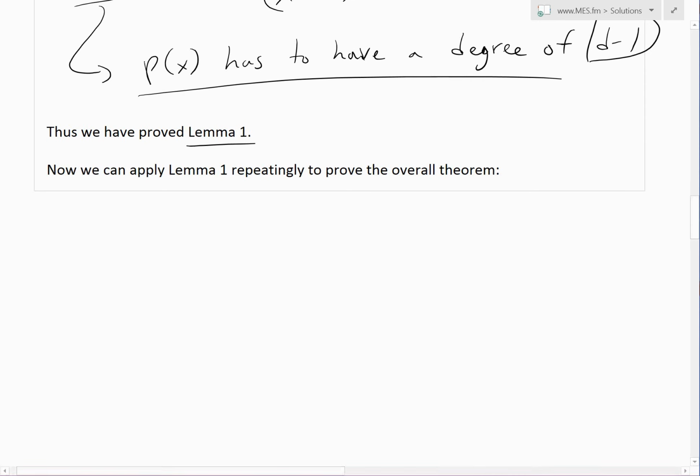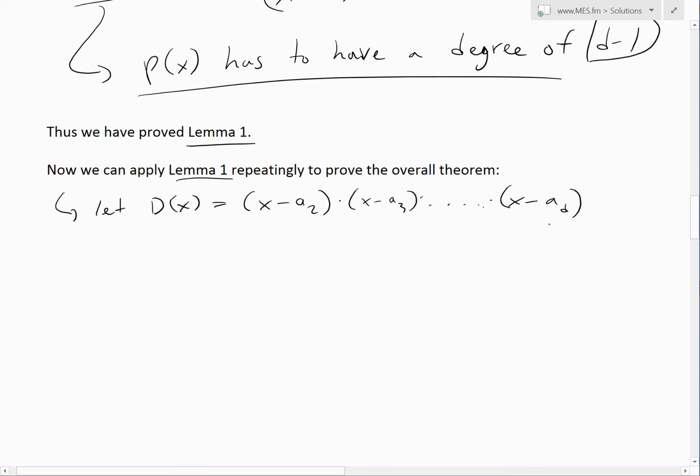Now we can basically apply lemma 1 repeatedly to prove the overall theorem. So in the first step, let d of x equal this: x minus a2 times x minus a3 times, and it keeps going on and on until we have an x minus a d right here.